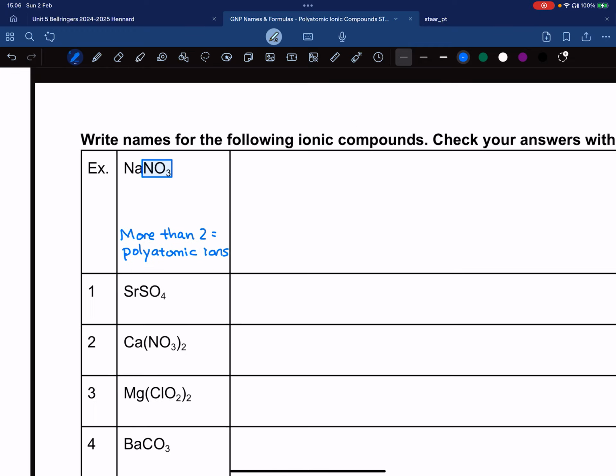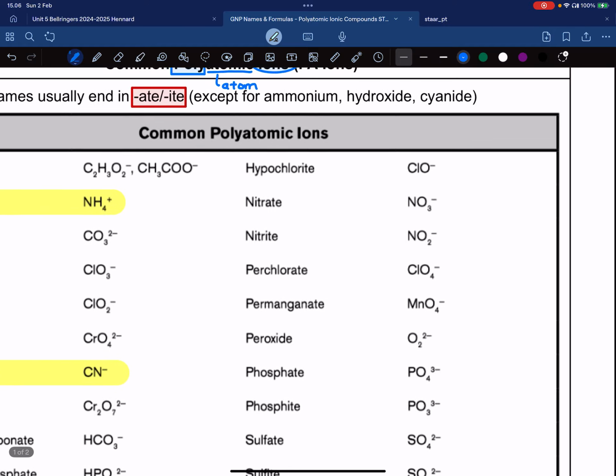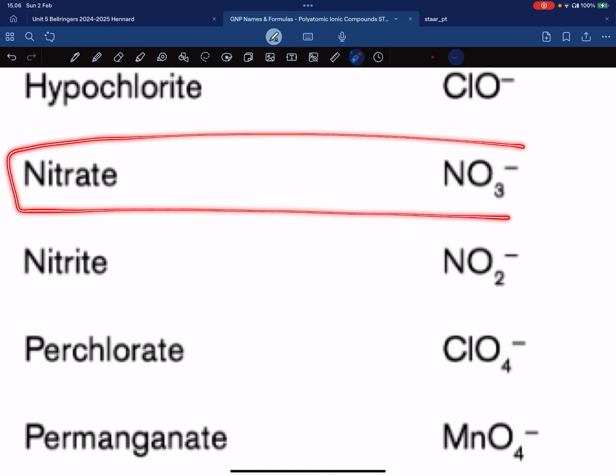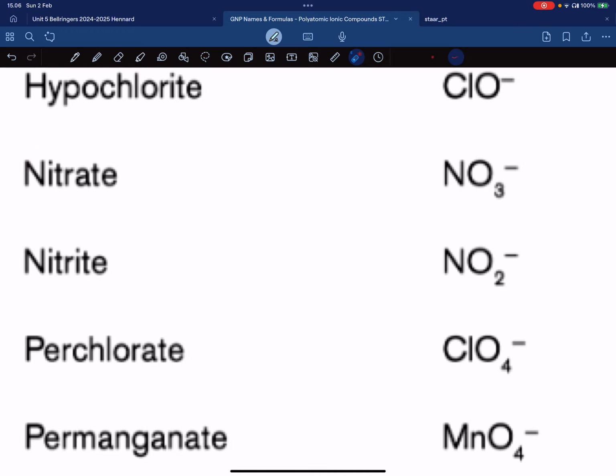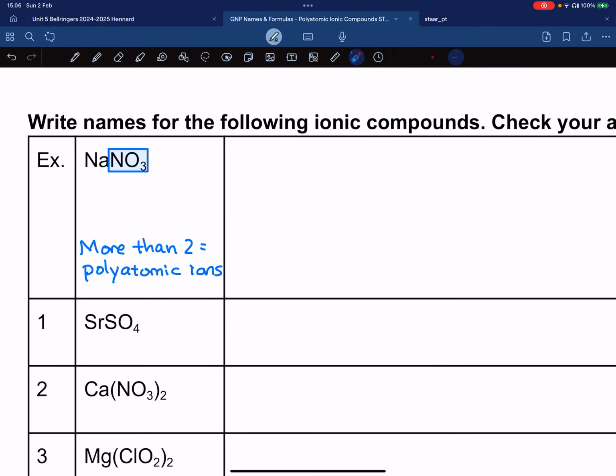And so basically you go back to your chart and you start looking for NO3 minus, and there it is. NO3 minus is called nitrate. So you simply write the name. The first thing was sodium. The second thing was nitrate. That's it. That's all there is to writing the names for them.